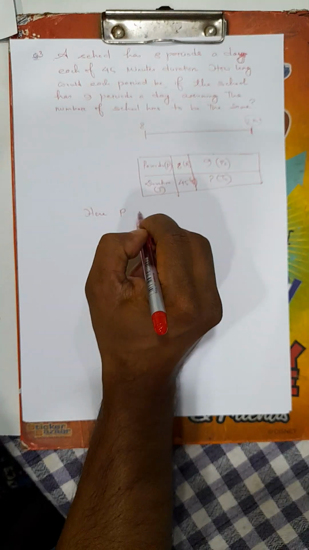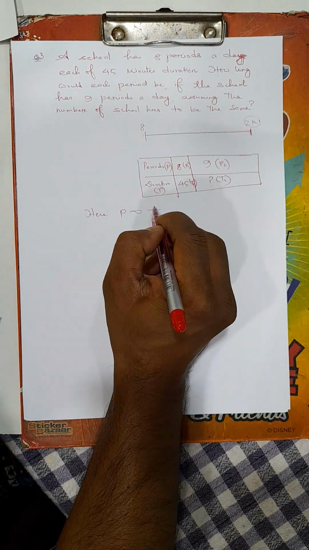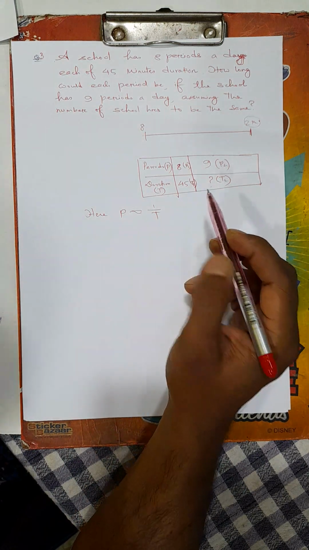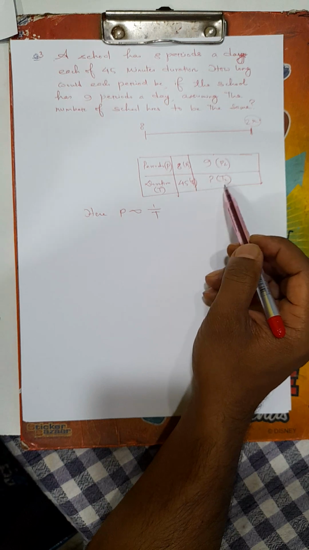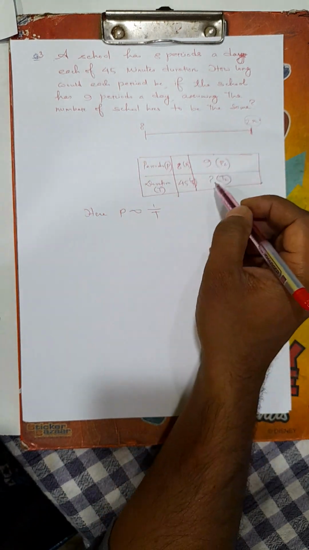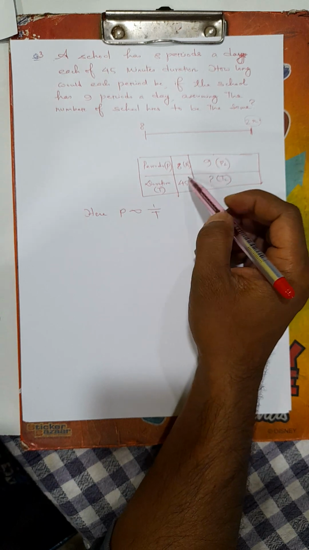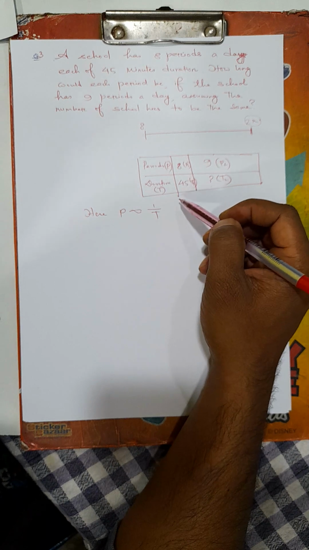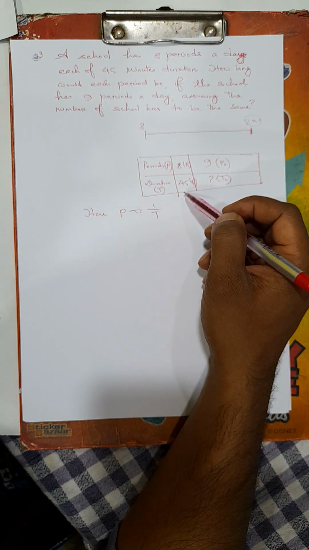So here P is inversely proportional to T, not directly proportional. If you increase the number of periods, duration of period will be less because school duration is same, right? Or if you decrease the number of periods, then duration of period will be longer.